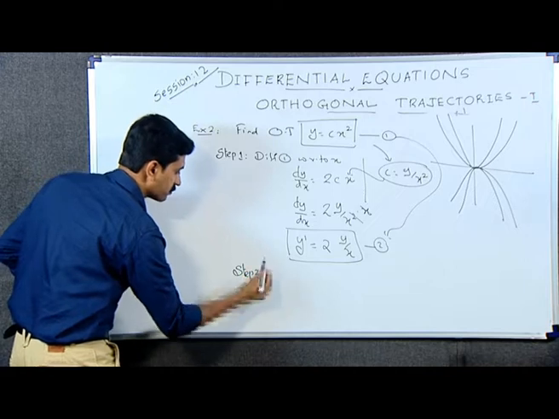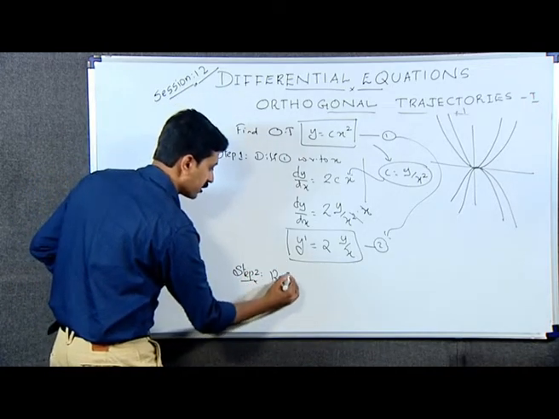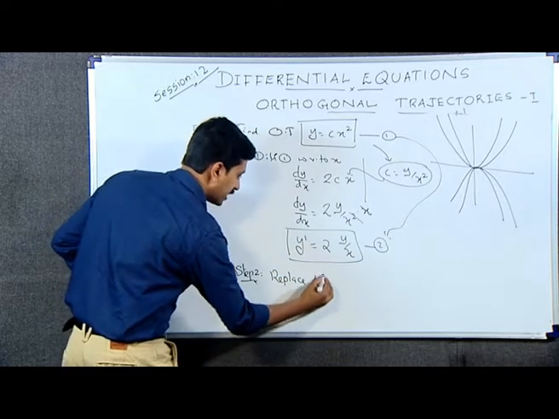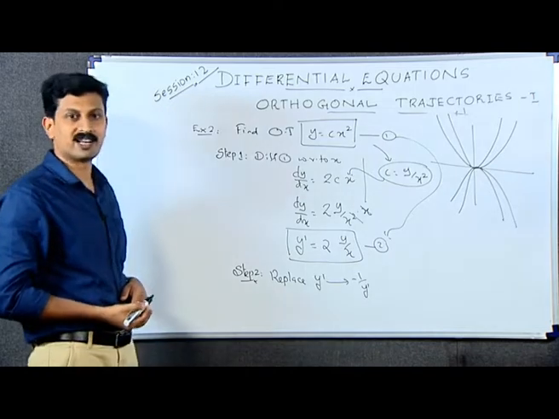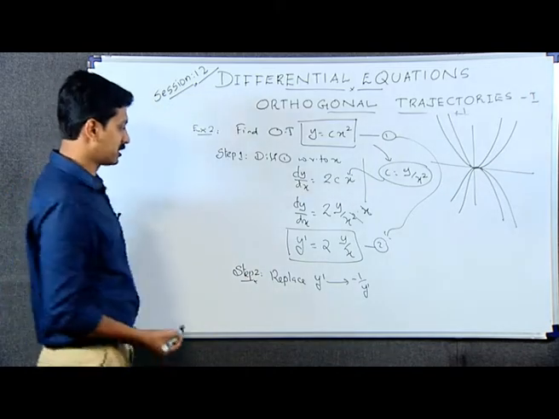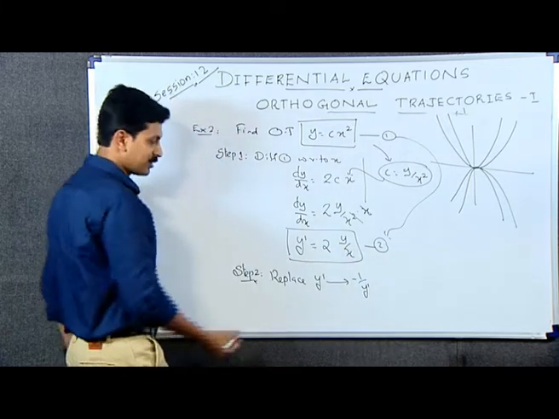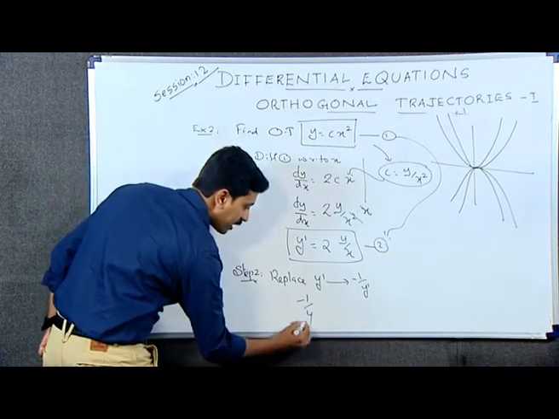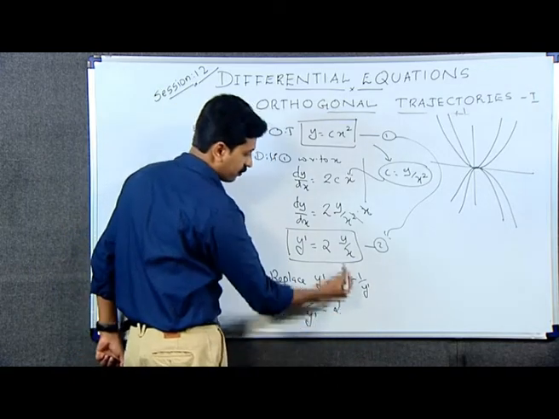In step 2, we replace y dash by minus 1 by y dash. See how this changes our differential equation 2. So, minus 1 by y dash is equal to 2 into y by x.